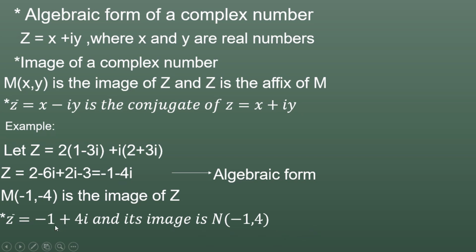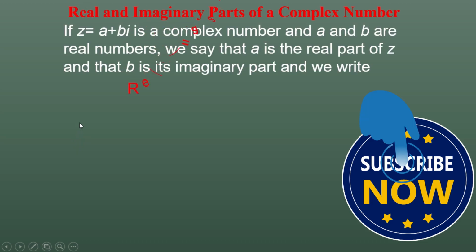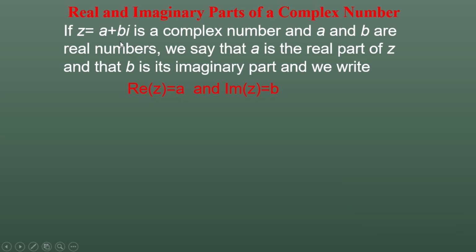And its image is the point of coordinates minus 1, 4. So real and imaginary parts of a complex number: z equals a plus ib or a plus bi, the same. The real part of z is a and the imaginary part of z is b.